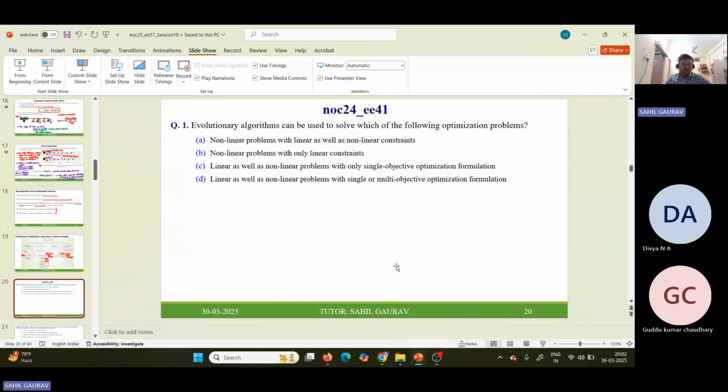So, coming to the problem part, the first question: evolutionary algorithms can be used to solve which of the following optimization problems? And the options are these. You can put your answer in the chat box.